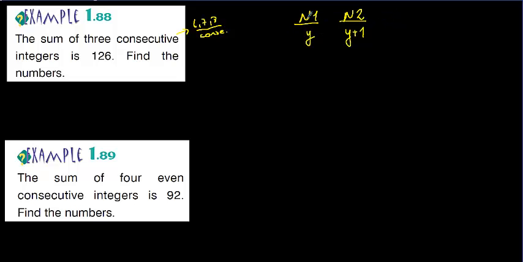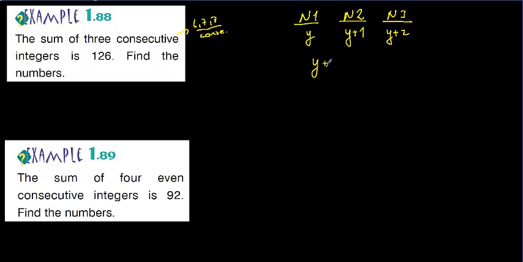So if the smallest number is y, then the next number should be equal to y plus 1, and the third number, number 3, must be equal to y plus 2, which is 1 more than the second one. So y, y plus 1 and y plus 2 are the 3 consecutive integers. And the second piece of information here, the sum of them is 126.